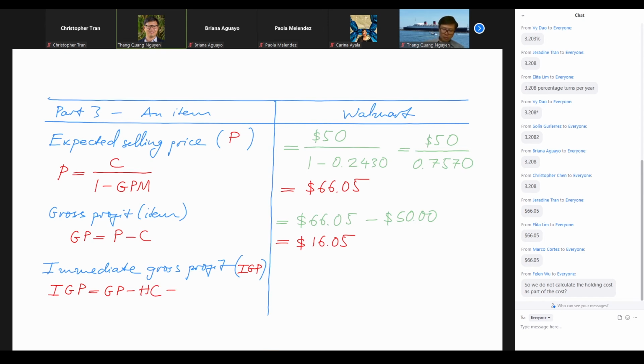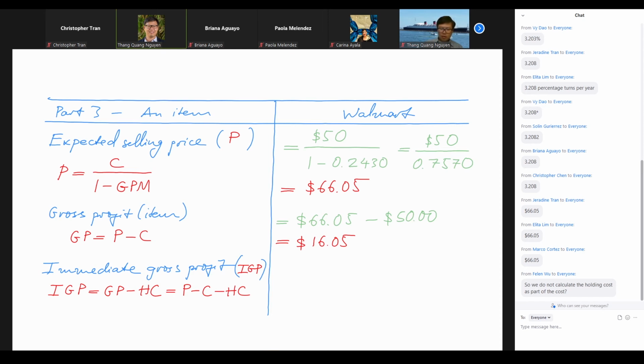Because we know that the item will stay on the shelf for some time and it's going to cost us some money, right? So that's why we have to factor that holding cost into the gross profit right away. Or equivalently, you can think about this as we take the expected selling price minus the cost of the item, and then subtract the holding cost of the item, right? So there are two different ways to do it. And I believe that is not difficult for anybody.